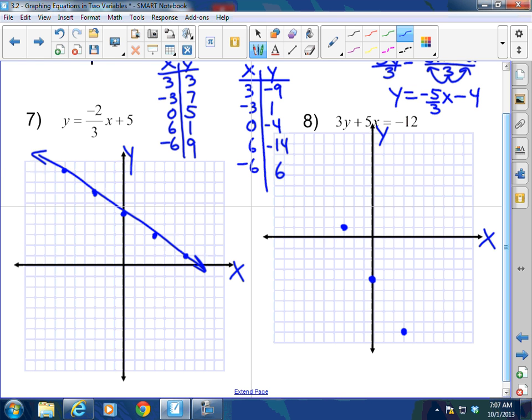And then we got negative 6, 6. And there you go. You need at least 3 to 4 points, so if one of them goes off your graph, that's okay. And that was a pretty poor line. Let's try to see if I can make a better line there. There we go. That's much better. All right. Got to be neat. All right. There you go.